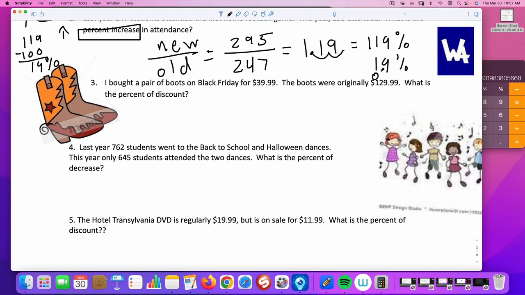Put old above $129.99. That means new is $39.99. Set up your equation. New divided by old.